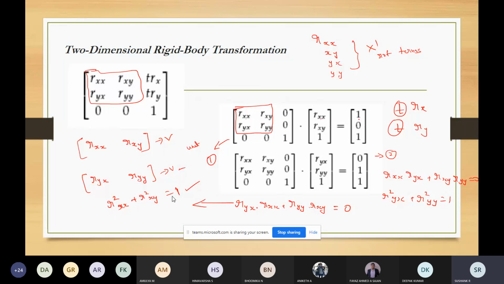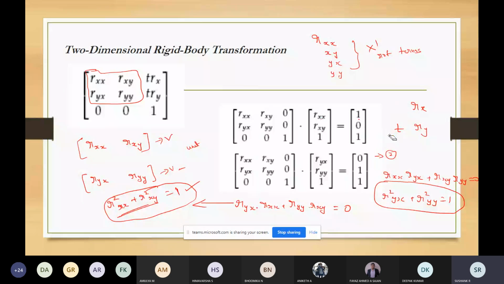This is the definition of a unit vector, and they have converted this definition into matrix form. We know that r square xx plus r square xy is equal to 1, and r square yx plus r square yy is equal to 1. The same thing is split up in matrix form.